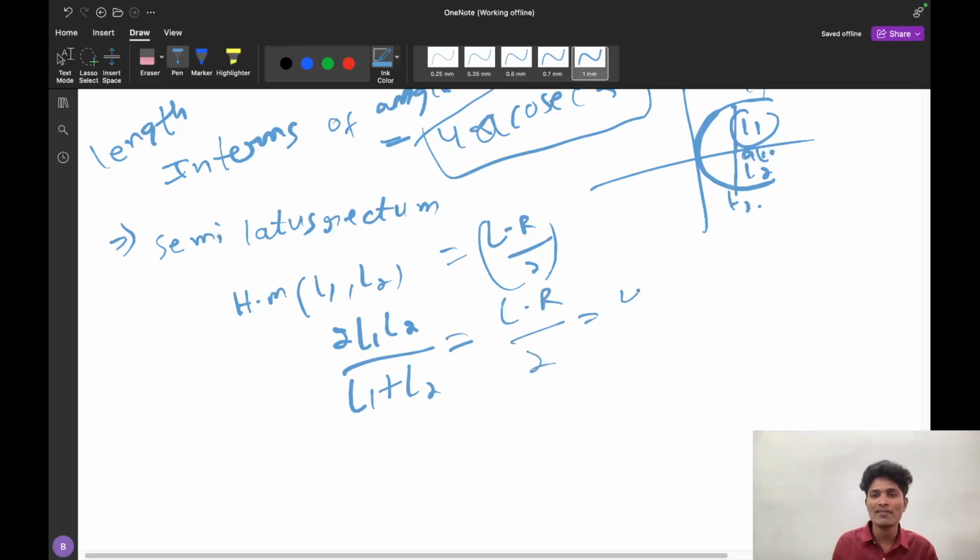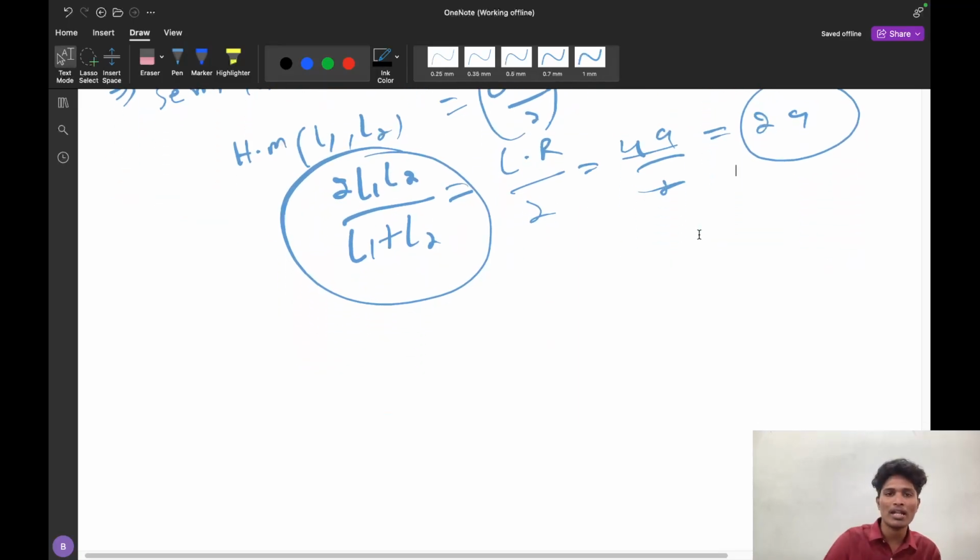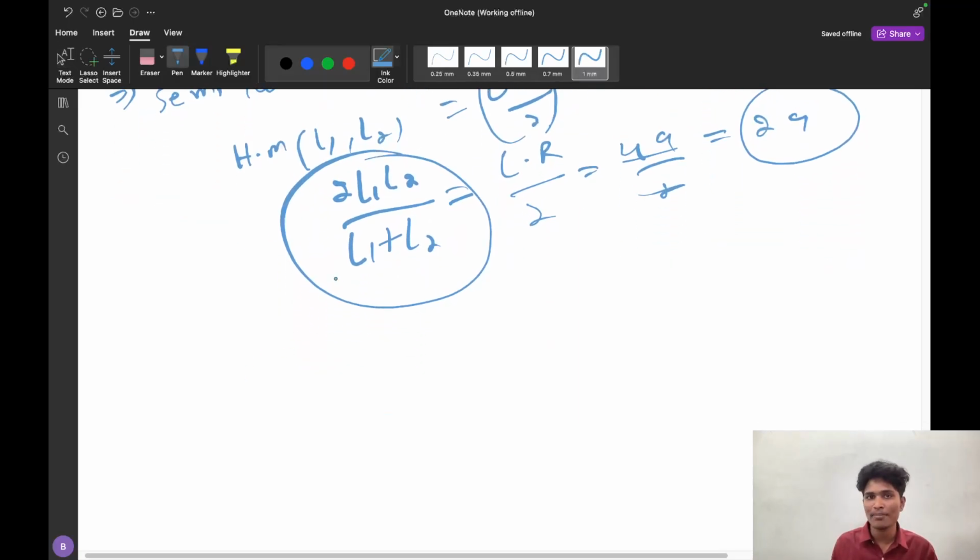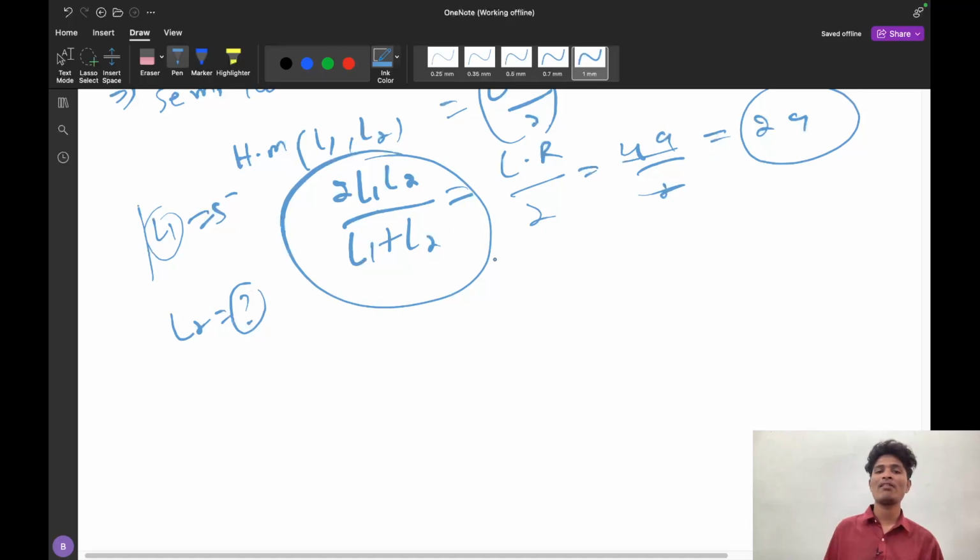What is LR by 2? It is 4A by 2, it will be 2A. So this is the relation of L1 L2 with 2A. Suppose in the question they will give L1 as some value, say 5, and you have to find the L2 value, and the equation is given as y square equal to 4ax, and a will be 1, that is 4 into 1 into x.